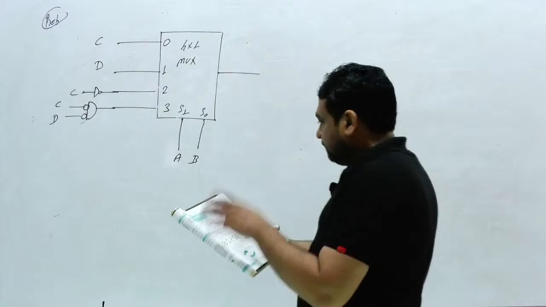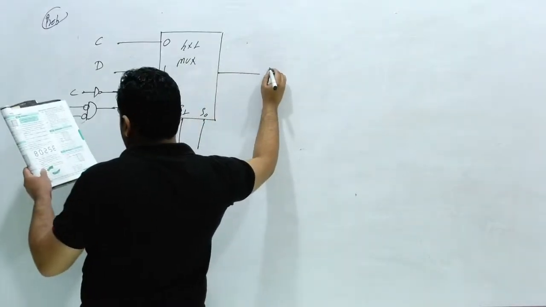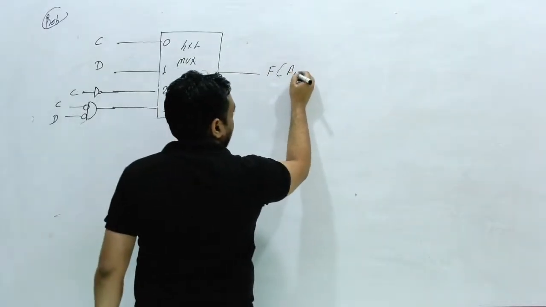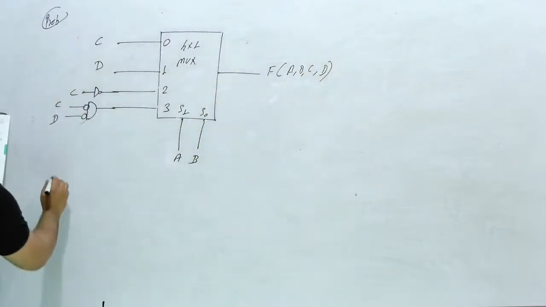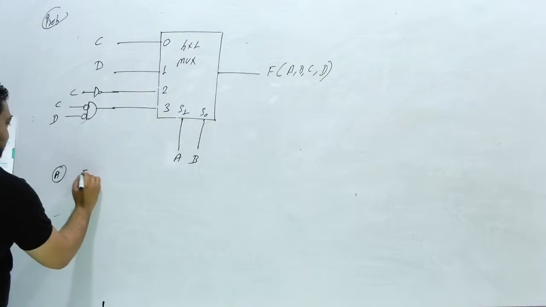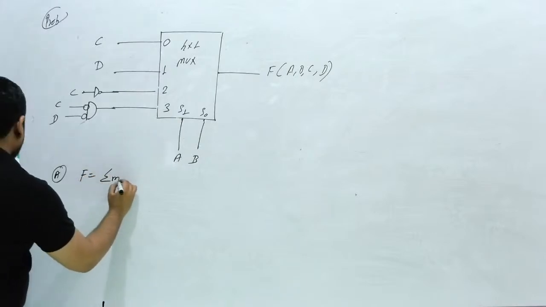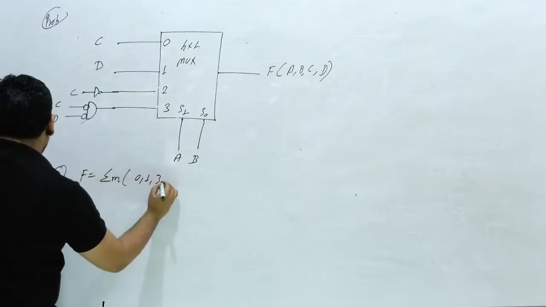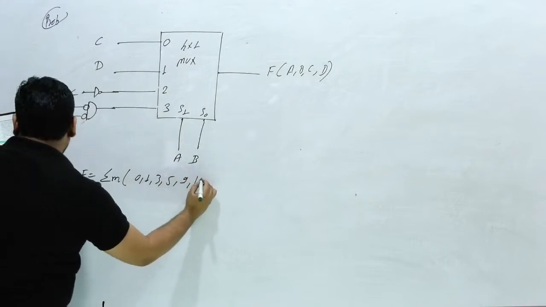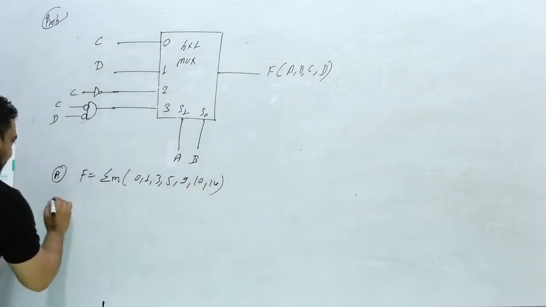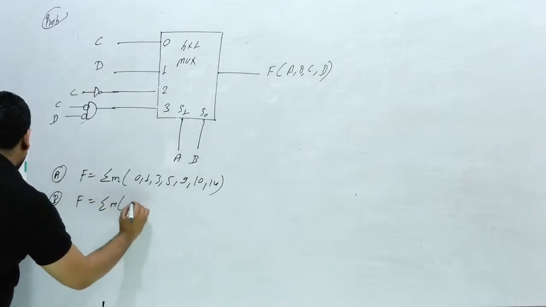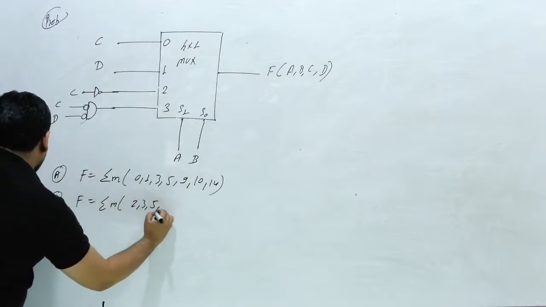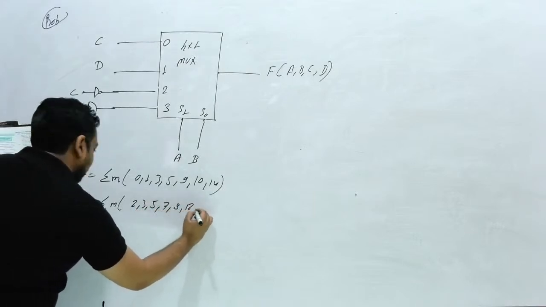Okay. So what is the output? 4 options. This output function f(A, B, C, D). I am going to provide you 4 options, and you have to tell me the answer. Option A: function f is equal to minterms of 0, 1, 3, 5, 9, 10 and 14. Option B: function f is equal to minterms of 2, 3, 5, 7, 8, 12 and 13.